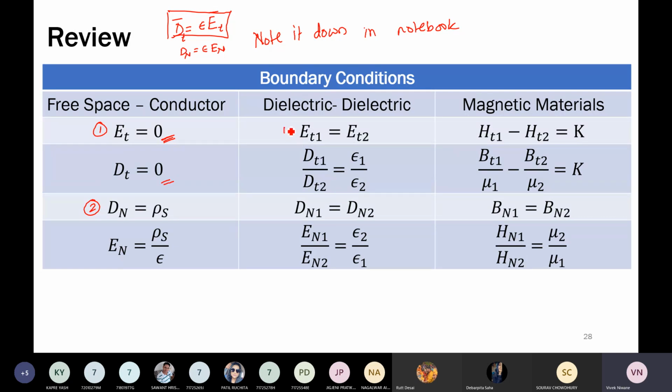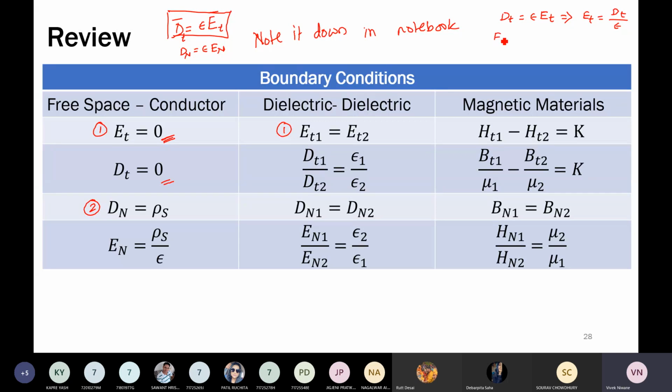Now here Et1 is equal to Et2, so you can definitely put it in terms of Dt1 and Dt2. How can we put it? Dt is equal to epsilon Et, so Et is equal to Dt upon epsilon.